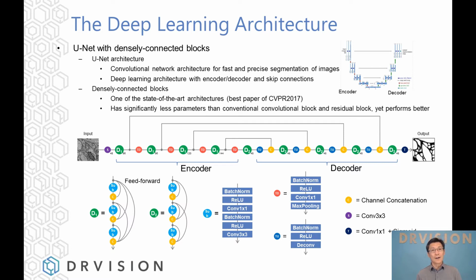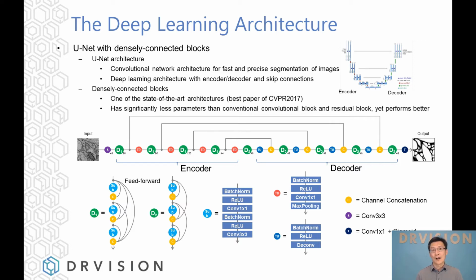The architecture has an encoder and a decoder, with skip connections between them. The encoder on the left downsamples the data into fewer and fewer data, and then the decoder on the right upsamples the data until it has the same resolution as the input image.